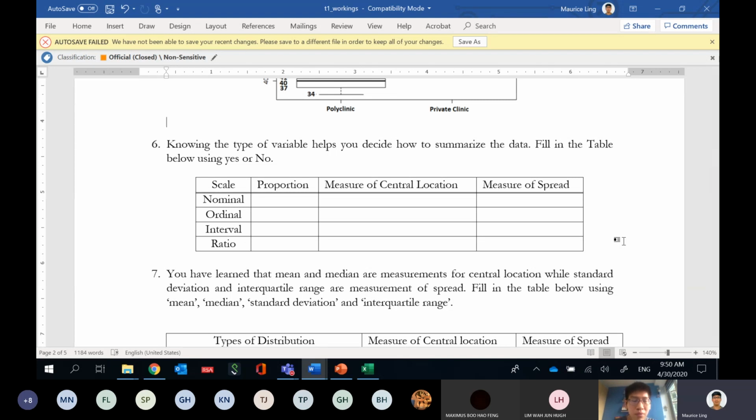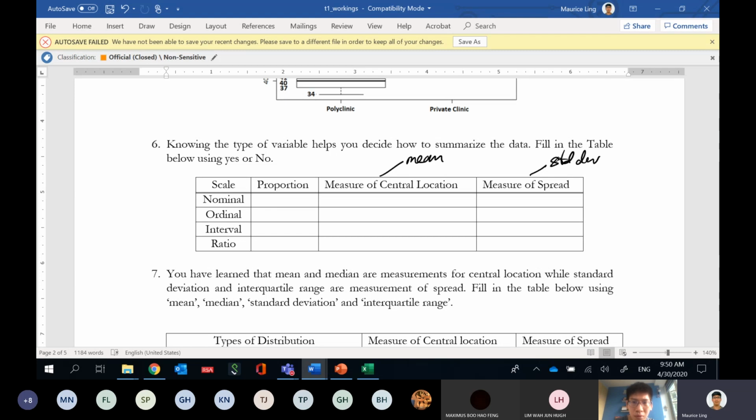So let's say, knowing the data types, can you actually fill in the whole blank? Can you use proportion? Can you use central location? Central location means the mean. Measure of spread, usually we are talking about standard deviation.